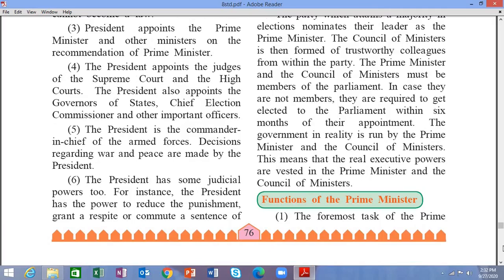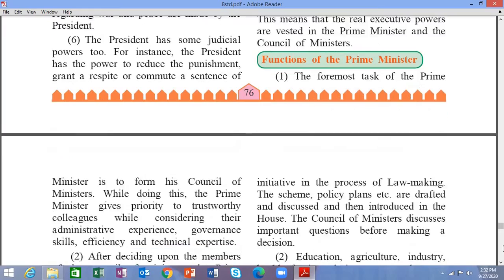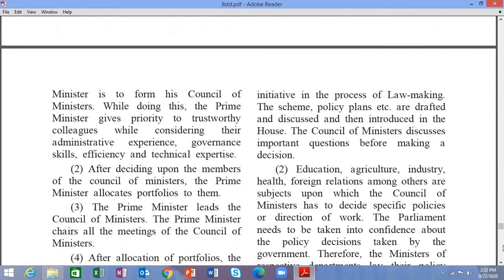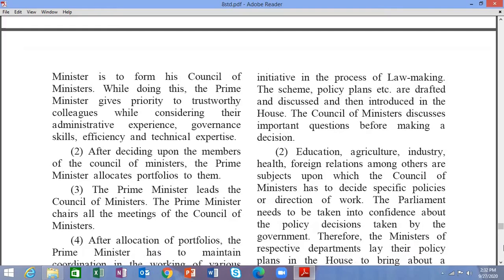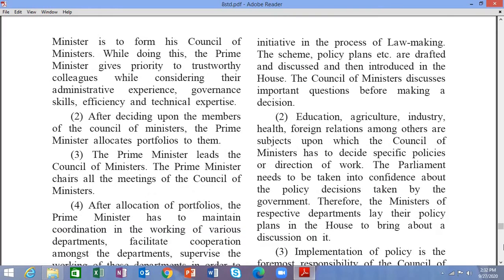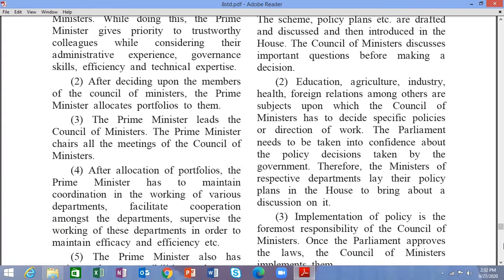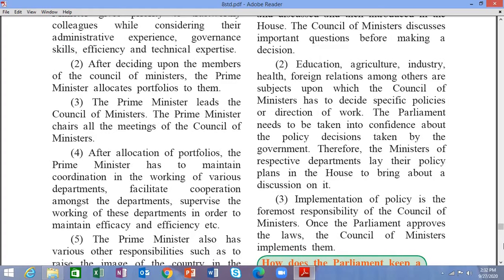We could also see what are the functions of the Prime Minister. He decides who are the colleagues who have to work along with him. Then he decides the portfolios. In every Council of Ministers meeting, he heads, or he is the chairperson.